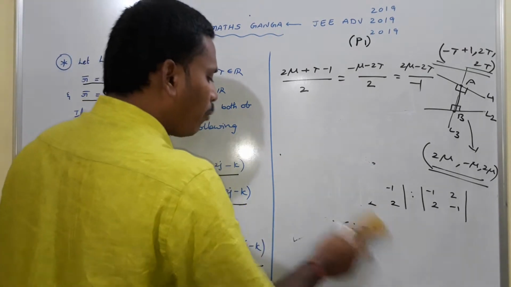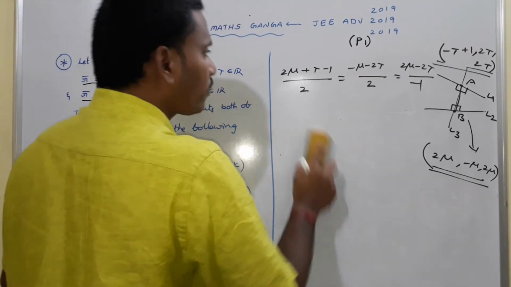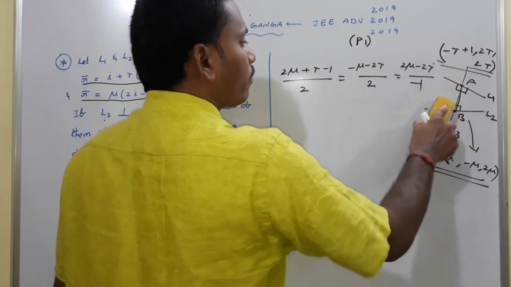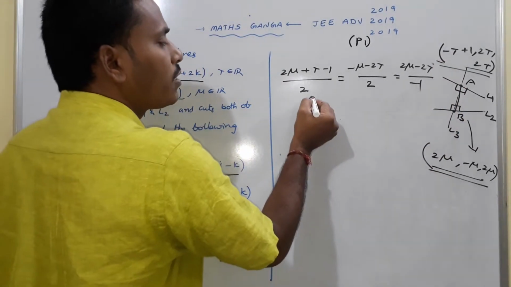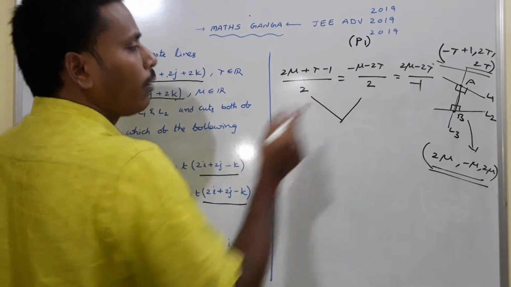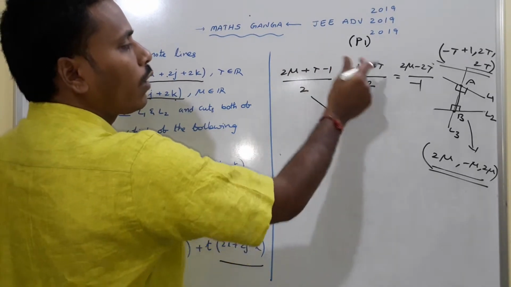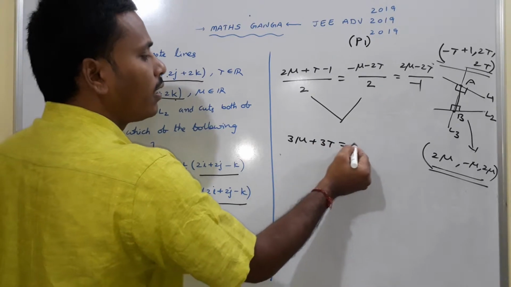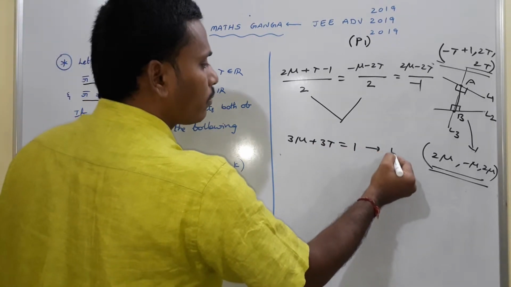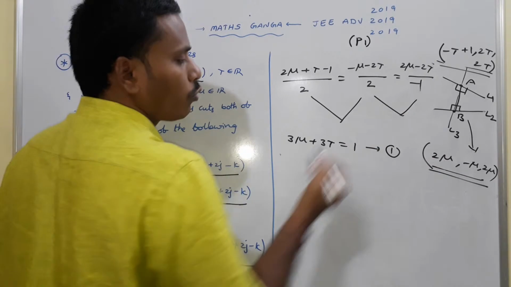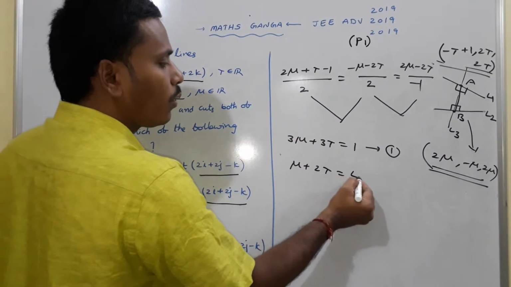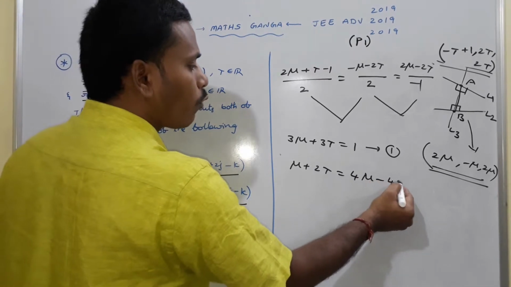With this I am going to calculate lambda and then mu. If you observe here, if you consider these two, directly 2 can be removed, and then if you equalize the numerators, I have 3 mu plus 3 lambda is equal to 1. It's one relation. And then if you take these two and do cross multiplication, mu plus 2 lambda is equal to 4 mu minus 4 lambda.